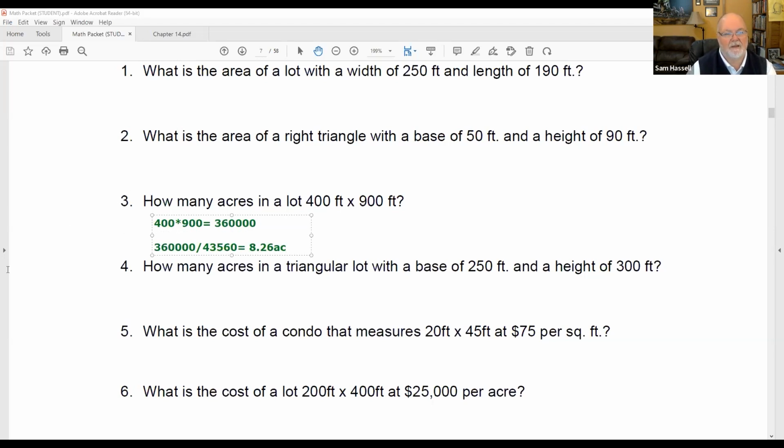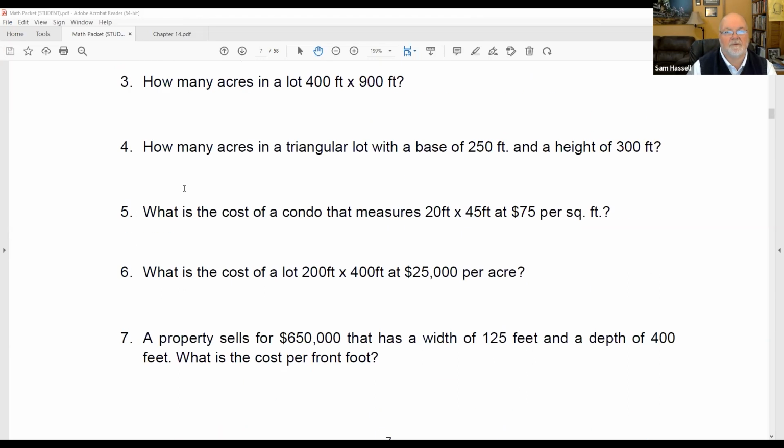All right, let's see. Number 4, do number 4. Some of you already have number 4 done already. How many acres in a triangular lot with a base of 250 and a height of 300? All right. So we have 250 times 300, which gives us 75,000.